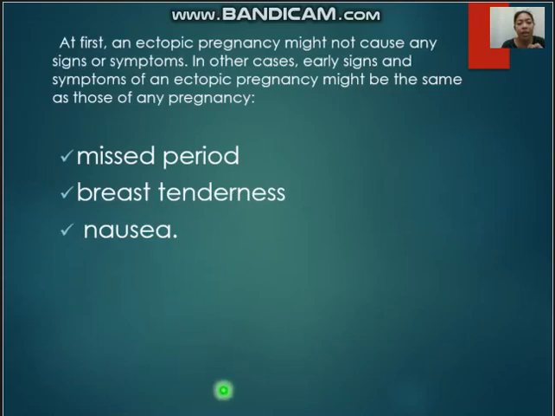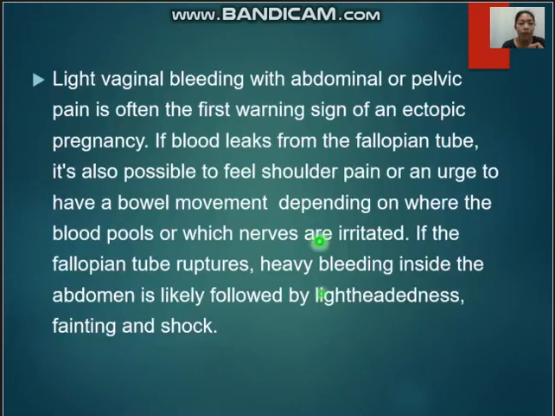In other cases, early signs and symptoms of an ectopic pregnancy might be the same as those of any pregnancy, examples of which are the missed period, breast tenderness, and nausea. Another symptom is light vaginal bleeding with abdominal or pelvic pain, which is often the first warning sign of an ectopic pregnancy.